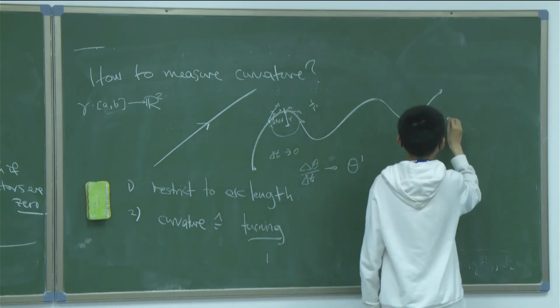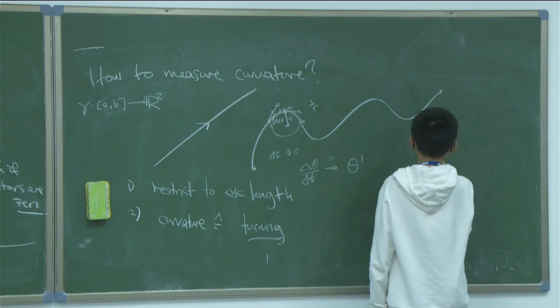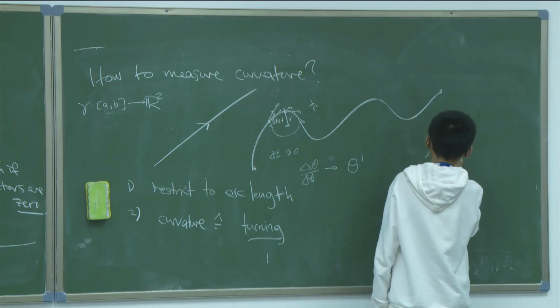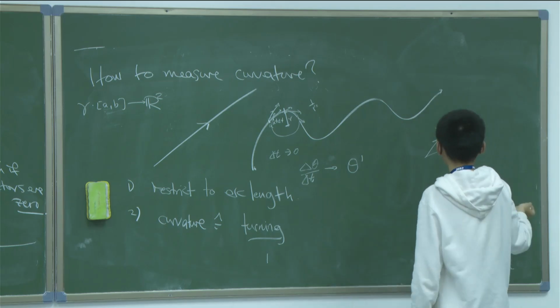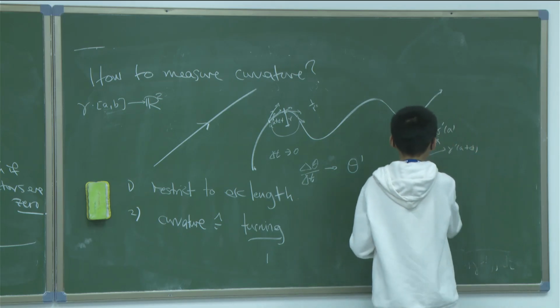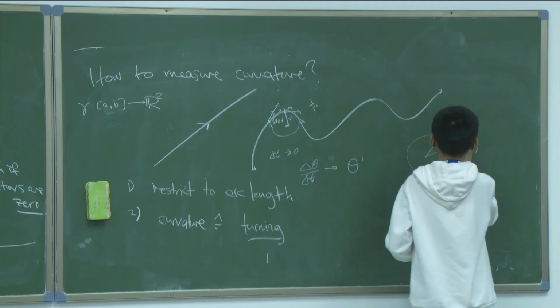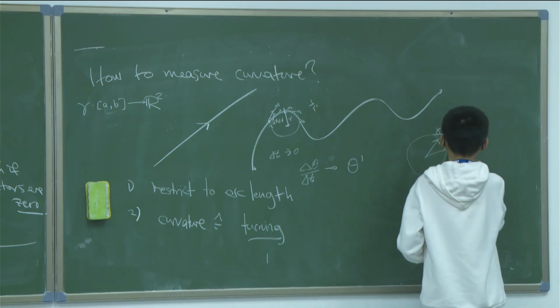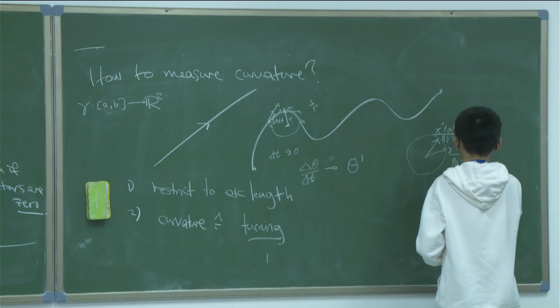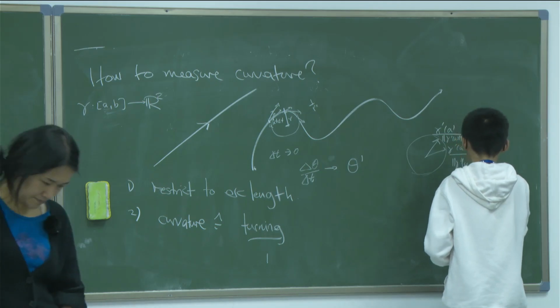This is gamma prime A and gamma prime A plus delta t. We want it into a circle, so divide by gamma prime A and by gamma prime A plus delta t.